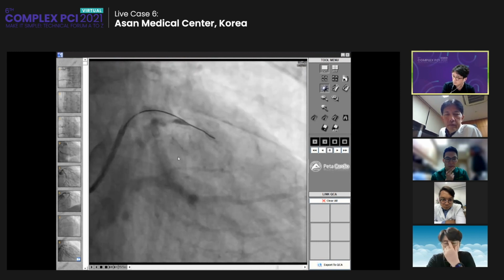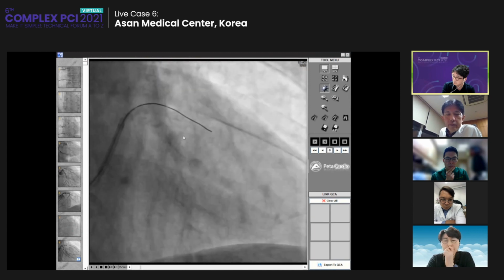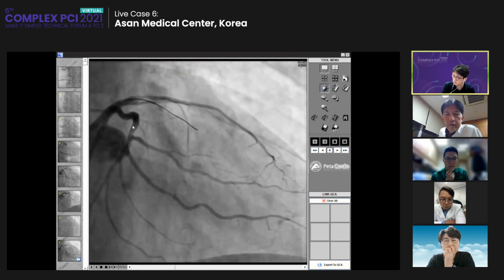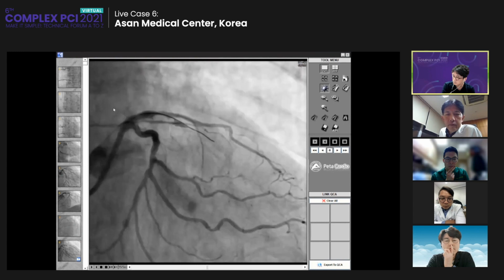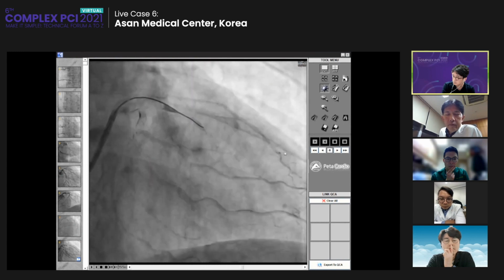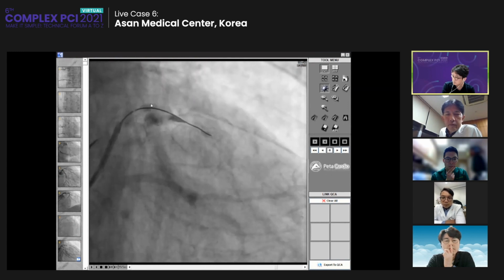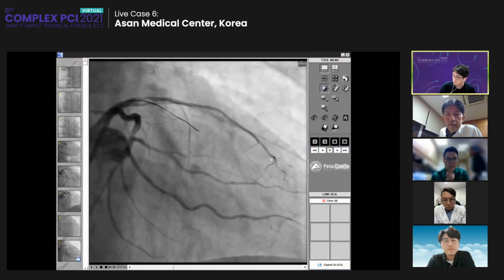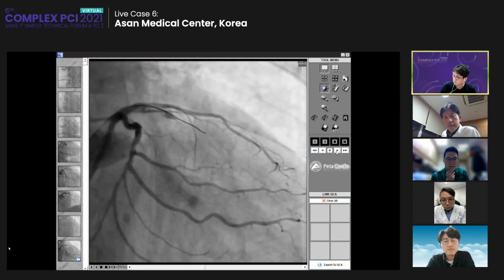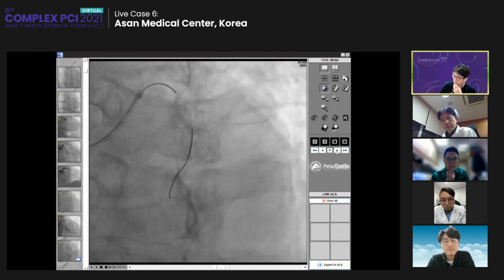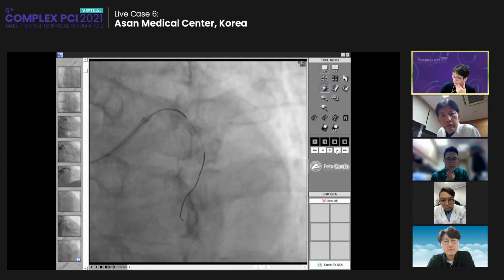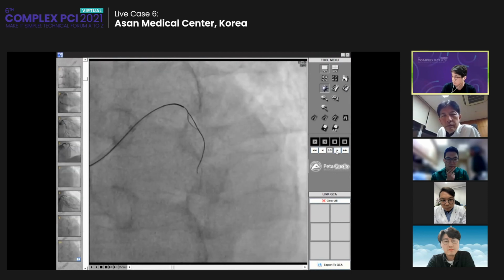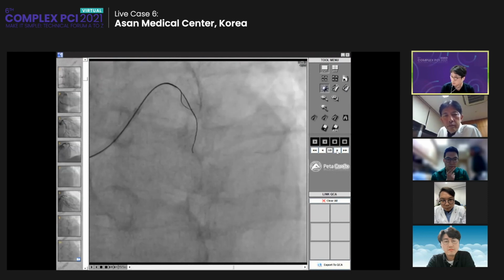But the wire in the previous session went through the upper portion, which is the greater curvature. So there is always a possibility of going through the extraplaque or subintimal space in this kind of morphology.